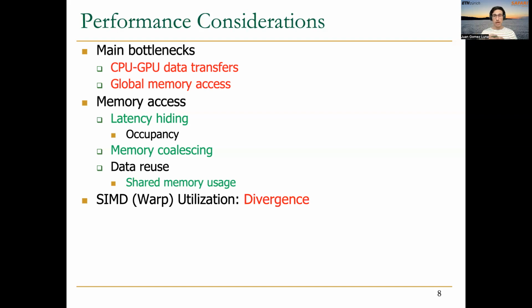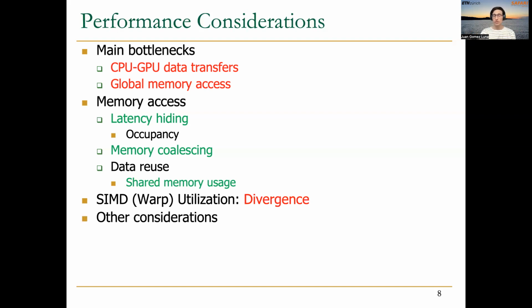Basically, we are making larger the total number of cycles, right? So that's something that we want to avoid. That is called divergence. And we will see that there are some ways of optimizing our code whenever there is a risk of having intra-warp divergence.